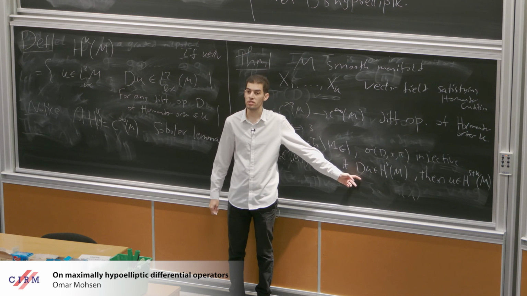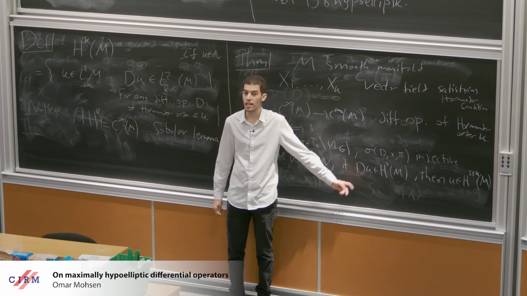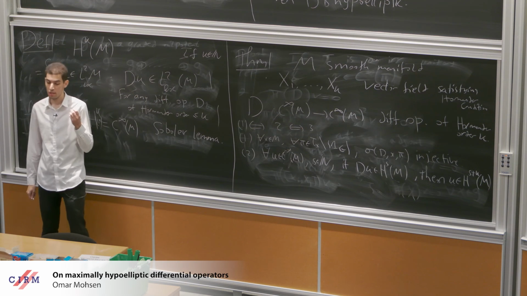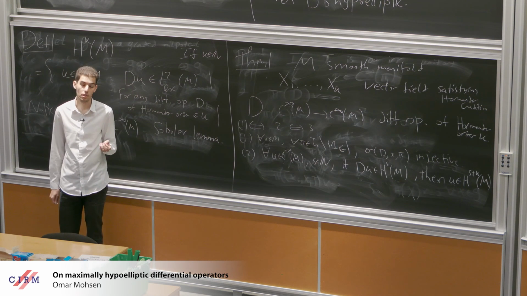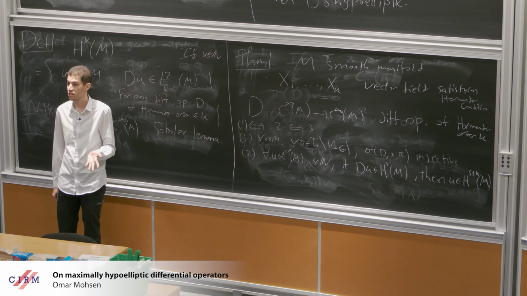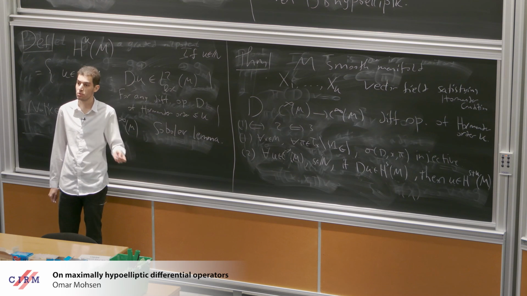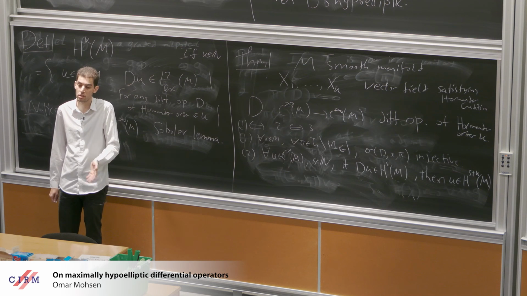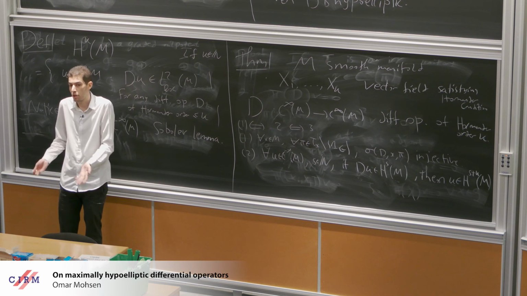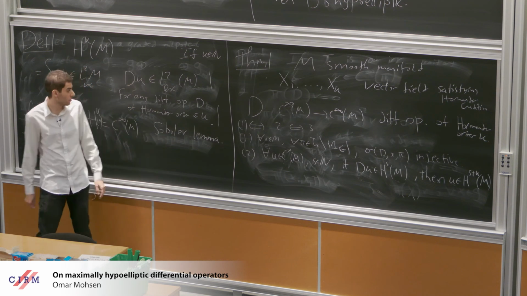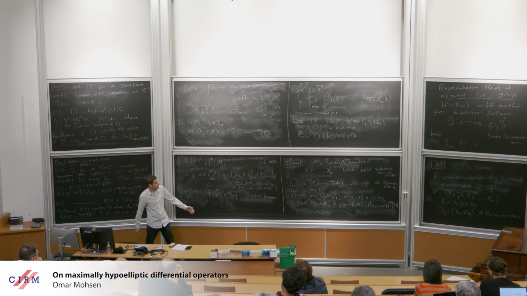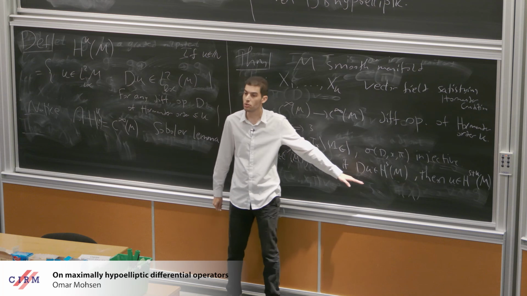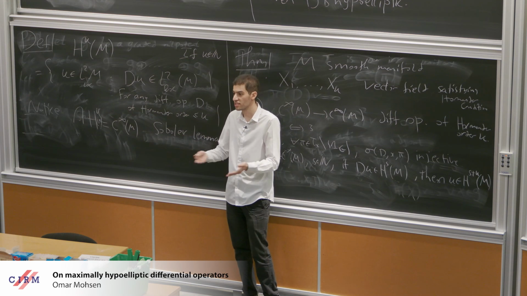The easiest way to understand this condition is to look at dx on R. I said in the very first lecture, dx is hypoelliptic, and this is just the fundamental theorem of calculus. The integral of a smooth function is smooth. But you can say much better. You can say that the integral of a Cn function is Cn plus 1, which applies to not necessarily C infinity functions. And so this condition is similar in the sense that going from Du to U is an integration process.